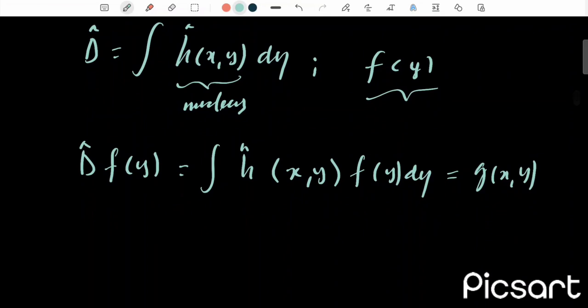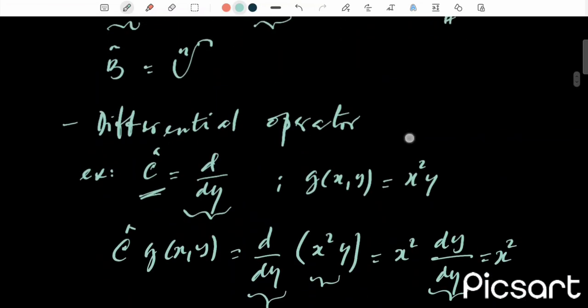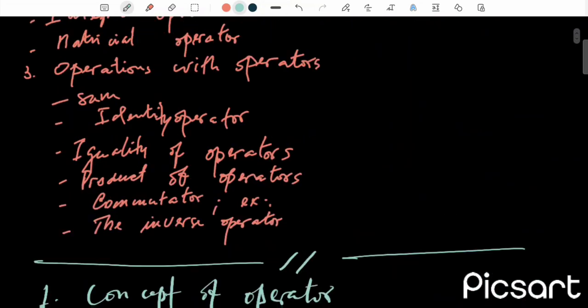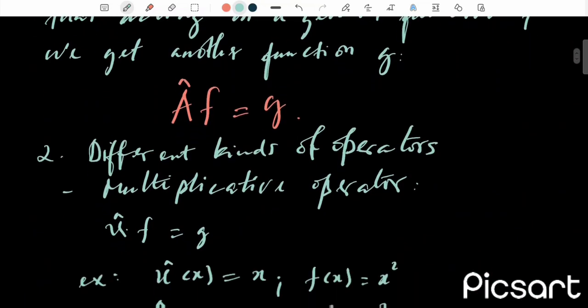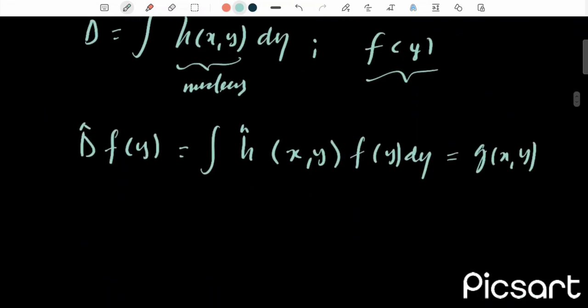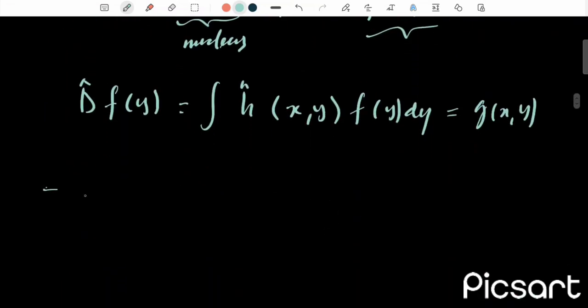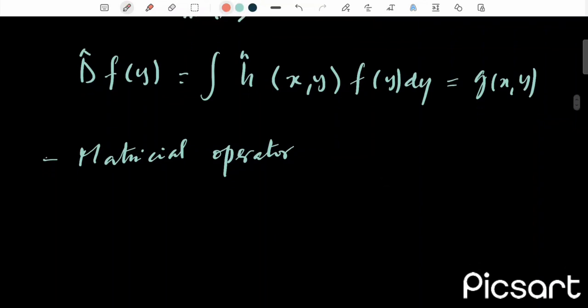Okay, we go on. We go with the other. Now we have the matricial operator. What do we actually know about a matrix?